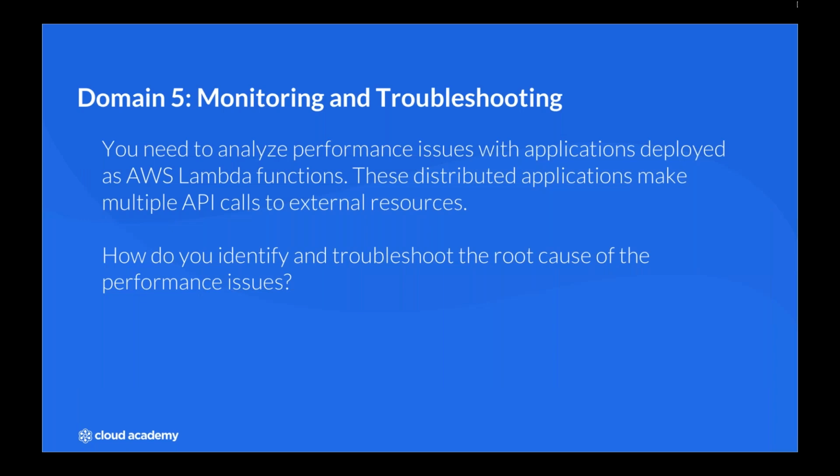You need to analyze performance issues with applications, distributed applications, multiple API calls to external resources. This is screaming to me, and it should be screaming to you, the word distributed, right? I have distributed, and distributed tracking is a challenge. It's the challenge of the 21st century, I guess.